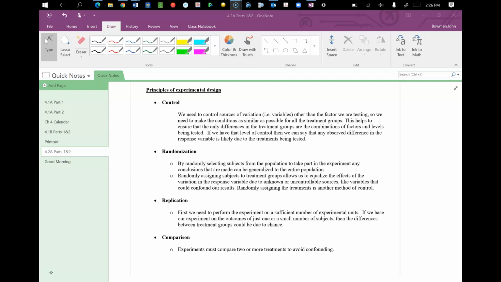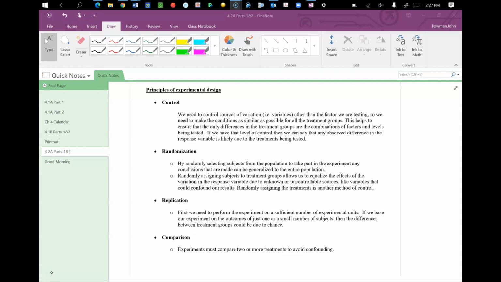It was comfortable, it was quiet, it was well lit. Those are not extraneous factors that we would control by randomness. Those are things that we would directly control. So there are a couple of aspects of control that we need to think about when we're designing an experiment. Those that can be balanced out, so to speak, by random assignment of subjects to treatments, and those that we have to directly control.